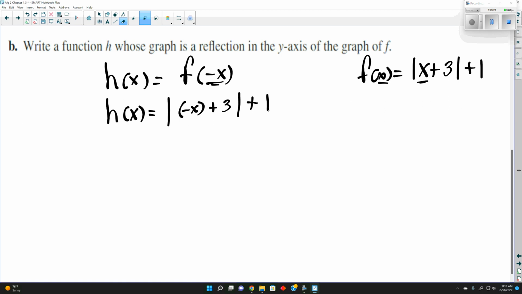Kind of like what we did with the left-right translation, except instead of having more than one term, we just have negative x. Is there anything in front of these parentheses? No, I mean, there's the absolute value bar. We can have a negative number inside the absolute value, but when we evaluate it, it's going to come out positive, because anything that comes out of an absolute value is positive.